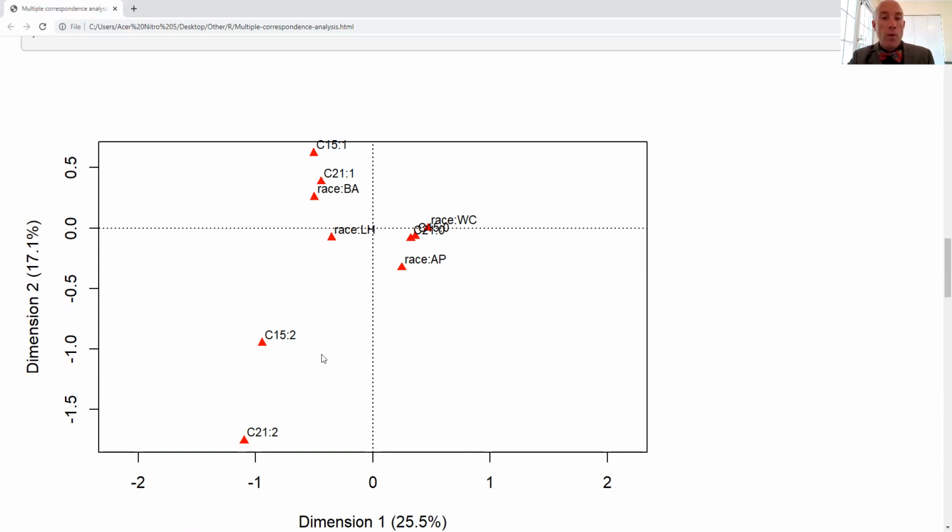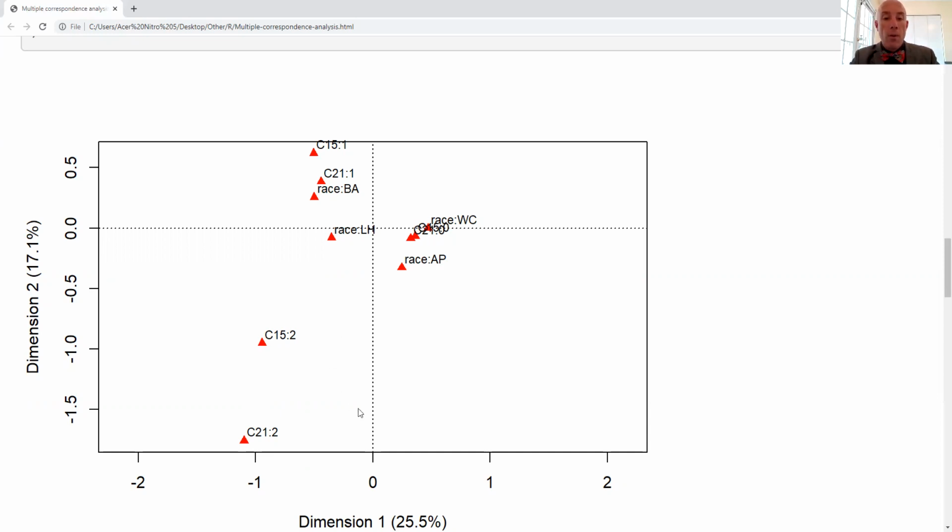I'm interpreting this first dimension as kind of like an overall aspect of depression. This indicates to me that overall we're seeing less depression among white Caucasians, Asian Pacific, and those who put in 0 for either of the 2 questions. Now, we're seeing more depression with subjects who put a stronger level of depression for their questions.